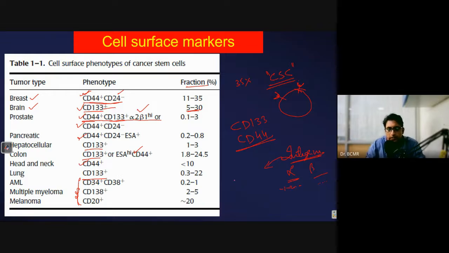At least in this case of prostate cancer stem cells, they found that those cells that have alpha 2 beta 1 integrin in high concentration, or say numbers, on the cell surface, likely behaved as cancer stem cells. So that is one other cell surface marker.